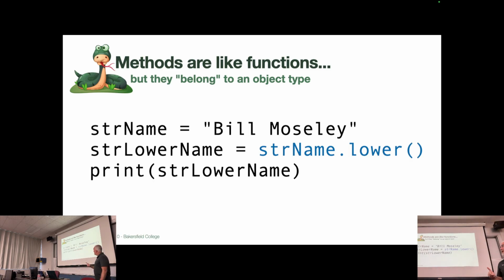Now, I want you to add one more line of code below this. I want you to print the original variable. So print str name right below that. And then run it again.